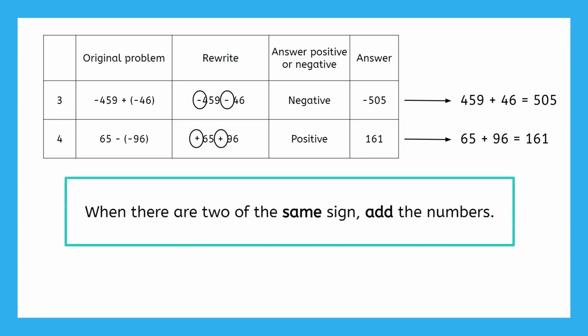When there are two of the same sign, we add the numbers to find how far the answer is from 0. Then use our number sense to compare the numbers and figure out if the answer will be positive or negative. Notice an additional pattern here. In these cases, the sign of the answer matches the sign in the problem. Pretty cool, huh?